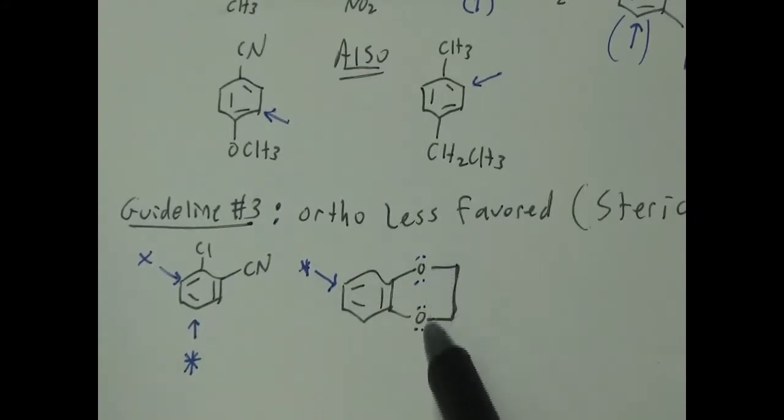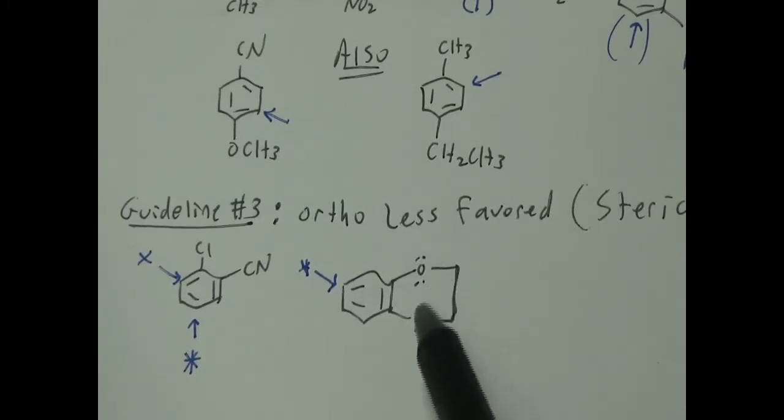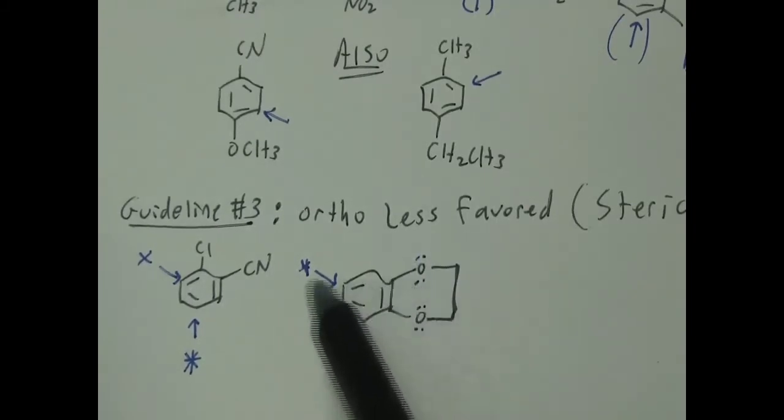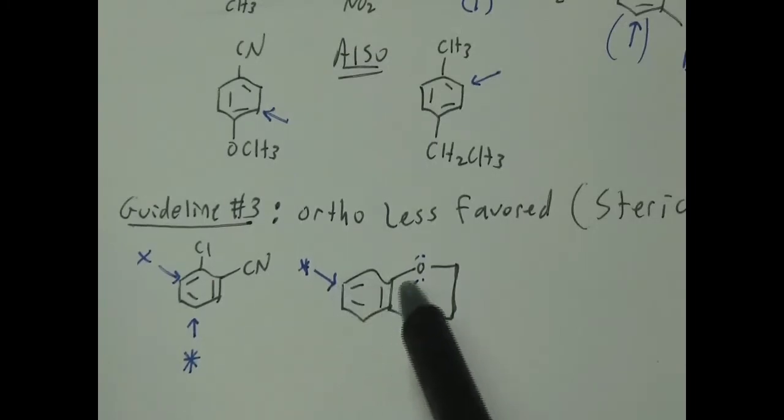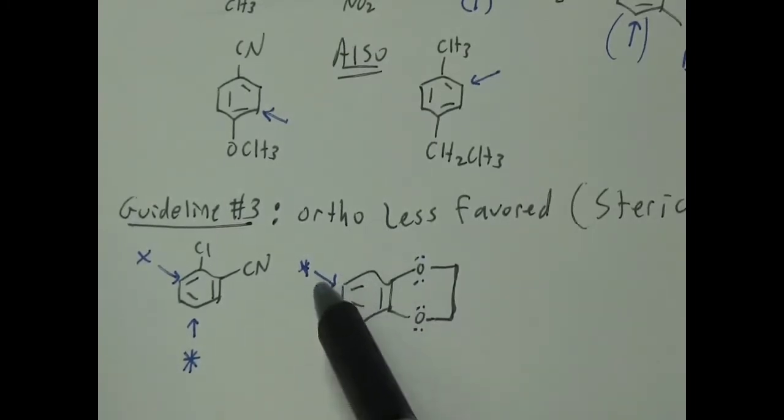Okay, this kind of weird thing was an ortho diether. They're both ortho-para directors, and they're in conflict with each other. So it would go to one position or the other, but those are basically the same position, right? And those are para to one or para to the other, but whatever, we just pick one of them.